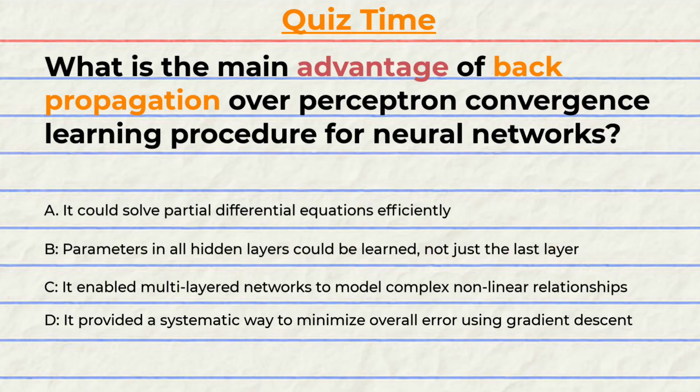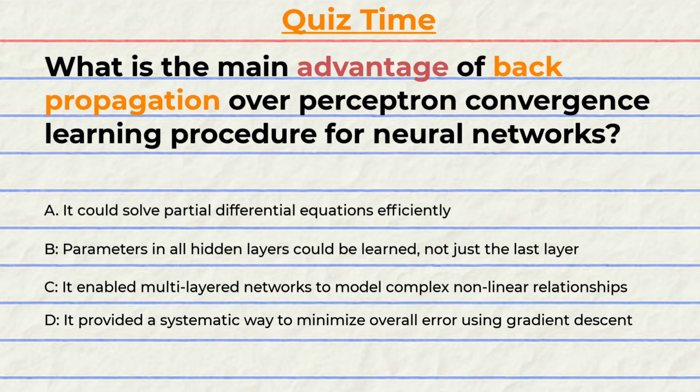Quiz time. Have you been paying attention? Let's quiz you to find out. What is the main advantage of backpropagation over the perceptron convergence learning procedure in neural networks? A. It could solve partial differential equations efficiently. B. Parameters in all hidden layers could now be learned, and not just the last layer.